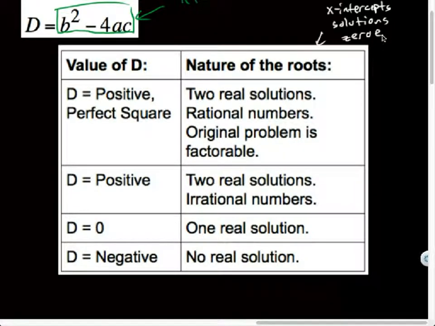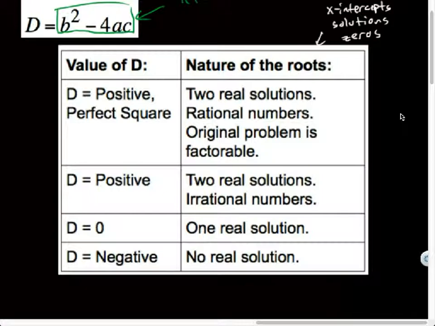So the value of D will tell me about the nature of the roots, what they behave like, what kind of problem this can be categorized into. So that's why it's called the discriminant. It allows me to group things into categories and discriminate them from one another, sort of. So it's good when it's numbers.